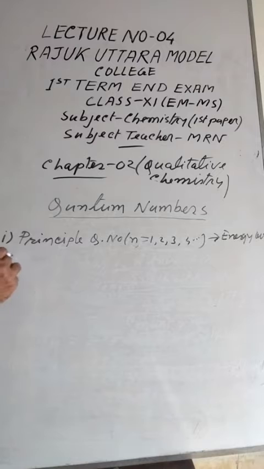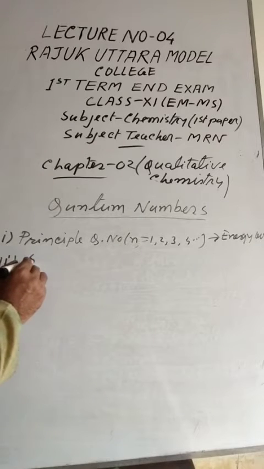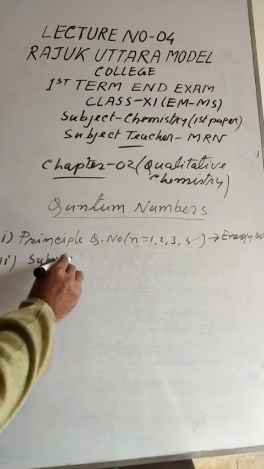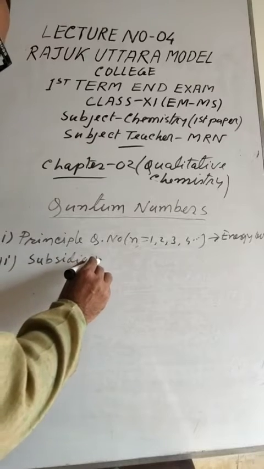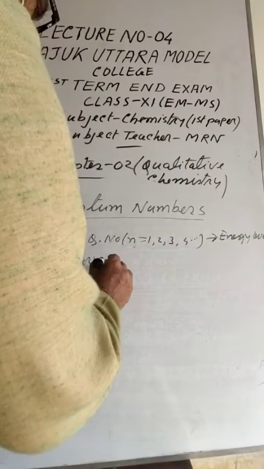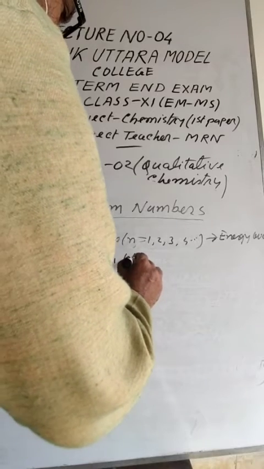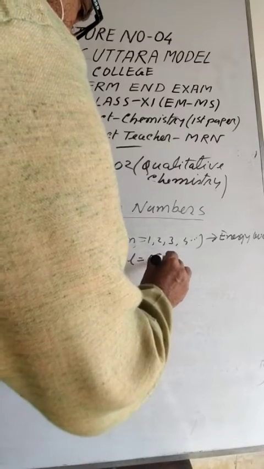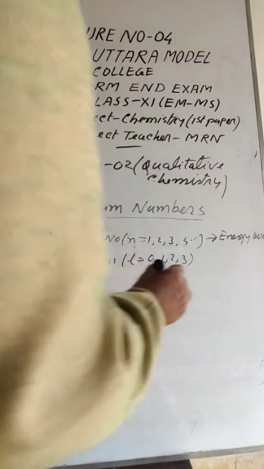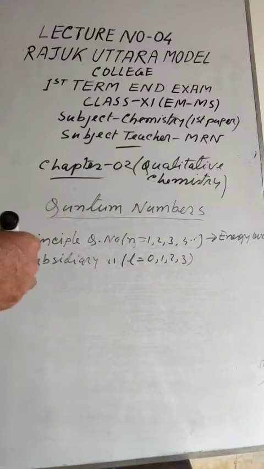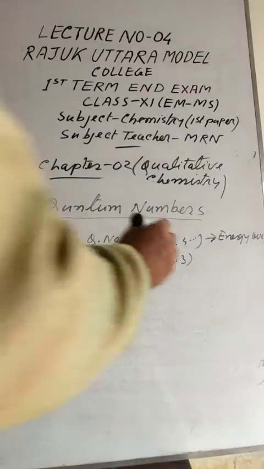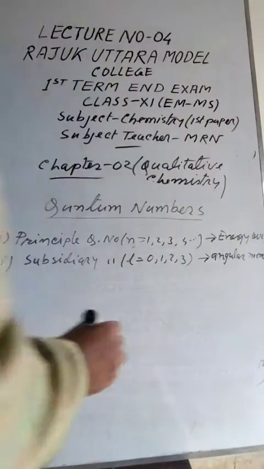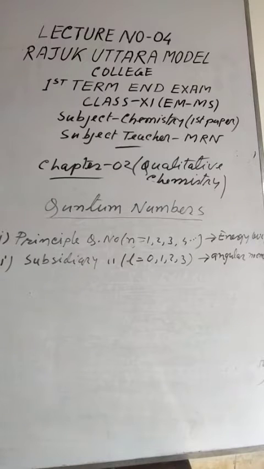Number 2, subsidiary quantum number. Subsidiary quantum number is represented by l. It will start from 0, 1, 2, 3. This one determines the angular momentum of the electron.